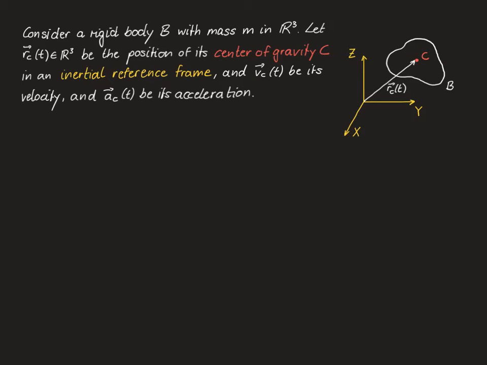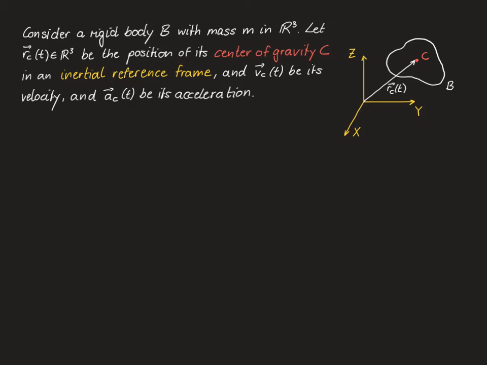And also in kinematics, it didn't matter which reference frame we chose, but now for dynamics, we need to choose an inertial reference frame. So we let Rc of t denote the vector position of the center of gravity of the rigid body, and Vc and Ac of t are its velocity and acceleration.